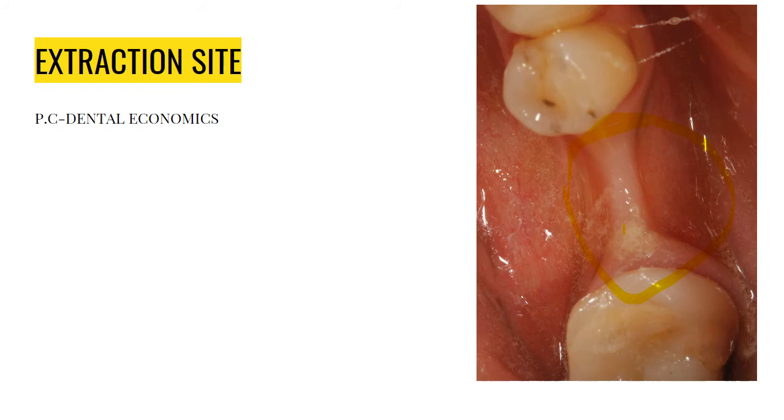Now it's okay in cases wherein you don't want to protract the posteriors. For example, in this picture you can see the molar, and we know that because of this old extraction site over here, the molar will not move. That's a good thing, isn't it? You're increasing the anchorage value of the posterior unit, for example, in case of a group A or a group B anchorage.